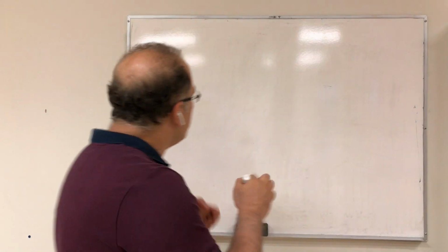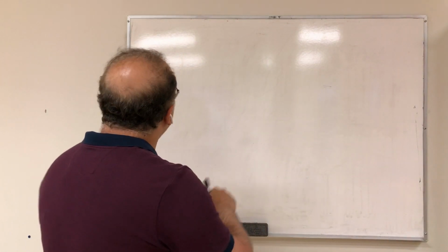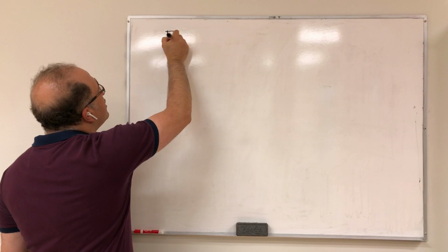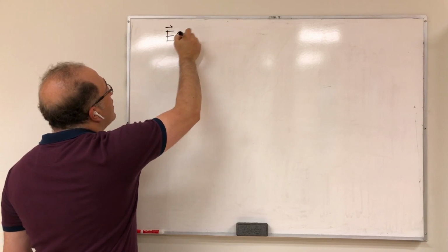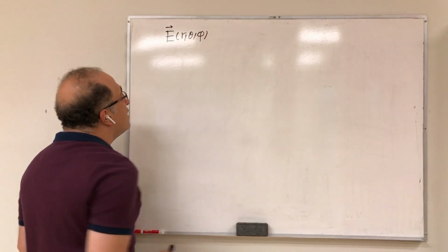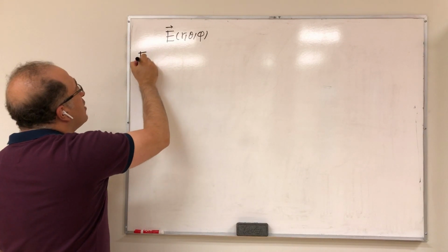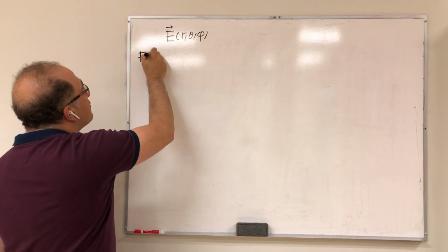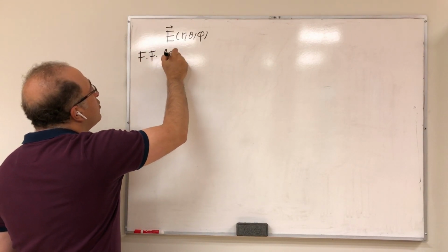If you remember, in my previous lecture I wrote the equation for E, R, theta, and phi in the far field zone. I'm just going to refer to far field as F.F., far field zone.